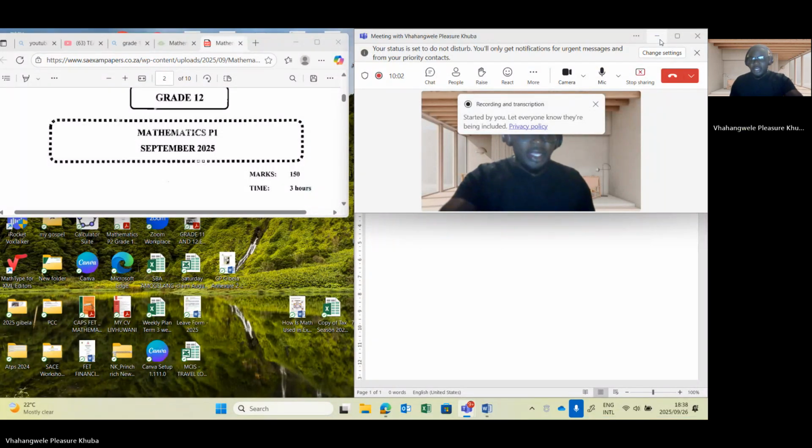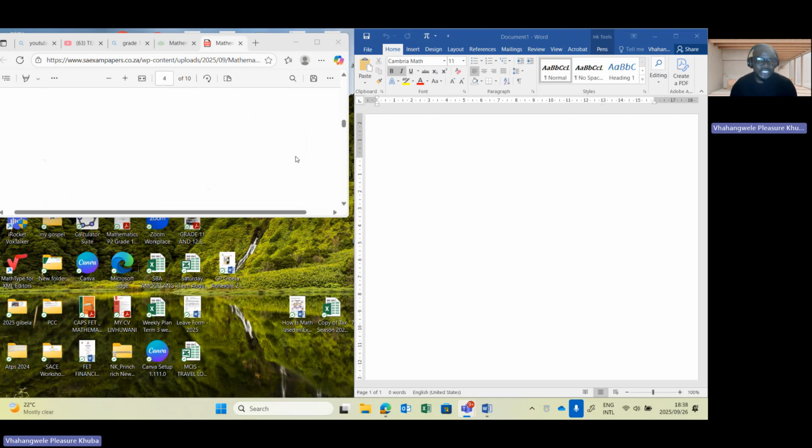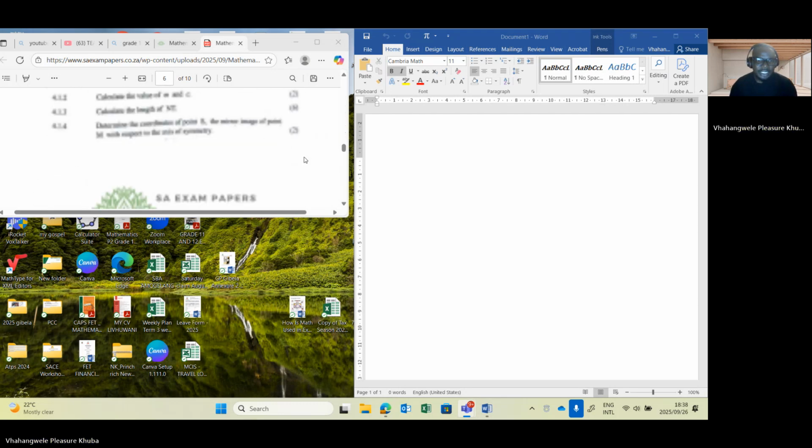Good evening. Yeah, let's look into this probability question, the counting principle one. This is, as you can see here, Grade 12, Paper 1, trial examination, Limpopo question paper. So we are going to go to question number... Let's check which question number it is.